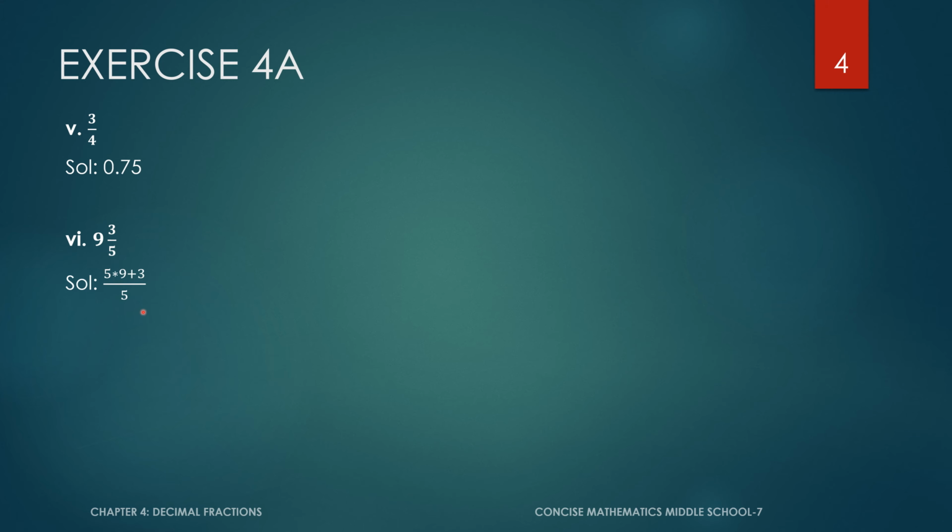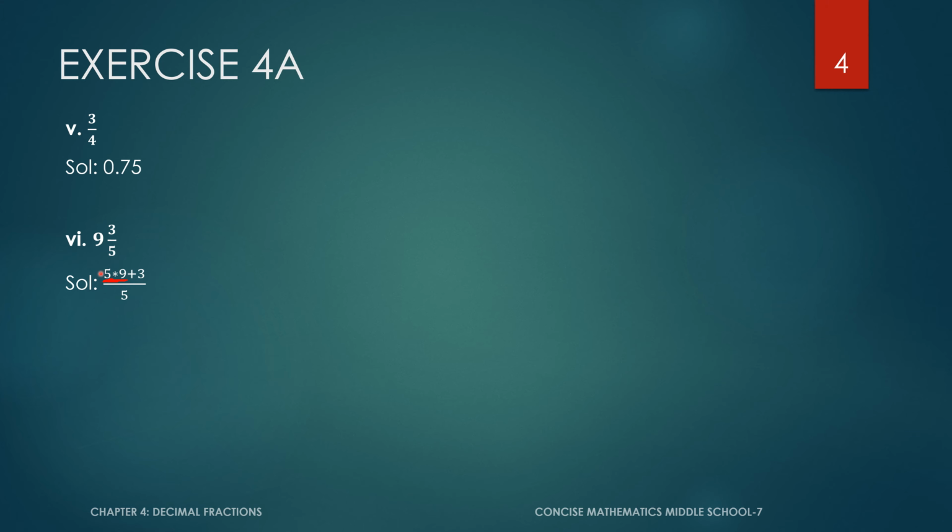So 5 into 9 plus 3, and always remember, children, here you need to multiply this 5 into 9 first, because as per the DMAS rule, division should be given first preference. Since there is no division, you are going to do this multiplication, because in DMAS, M means multiplication, right?